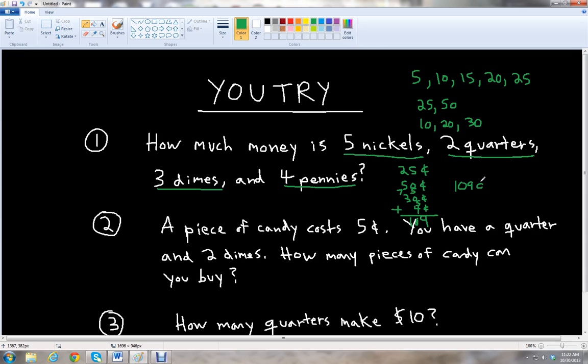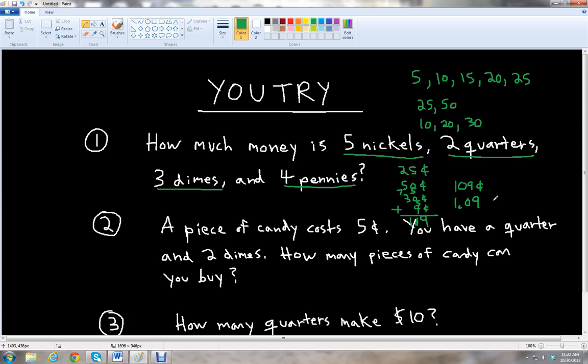109 cents. So how do we write this in dollars and cents? We know that 100 cents is $1. And so we put the decimal point between the 1 and 0. And we have 9 cents left over.